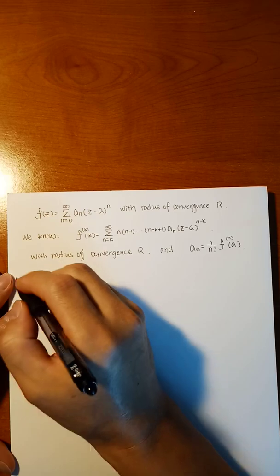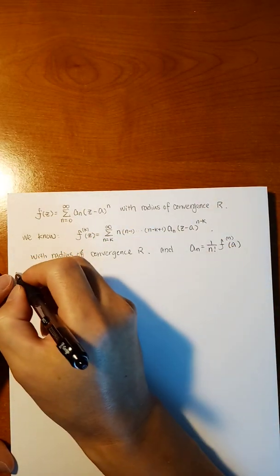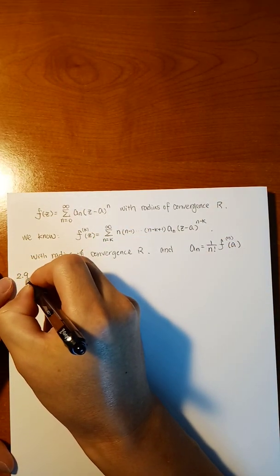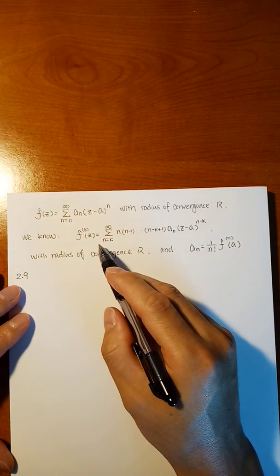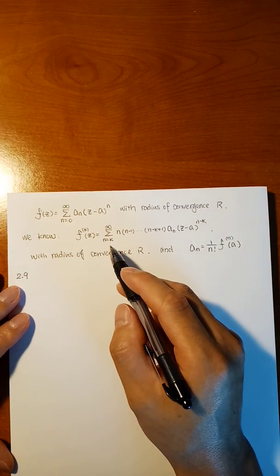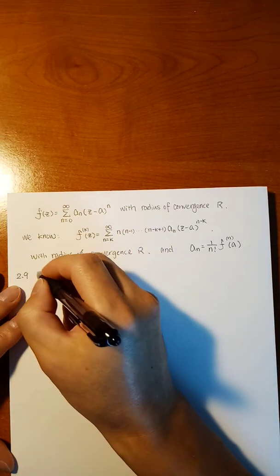Okay. So from here, we know that a differentiable function is also continuous, and this one is infinitely differentiable, so it is continuously differentiable, right?